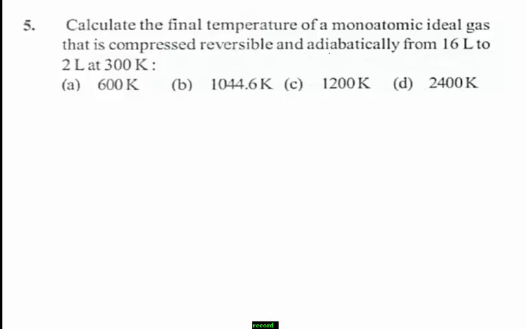The given options are option A 600 Kelvin, option B 1044.6, option C 1200, option D 2400. That's how you calculate this.